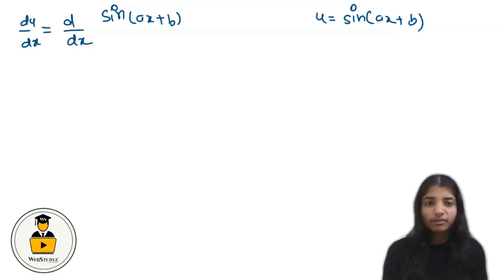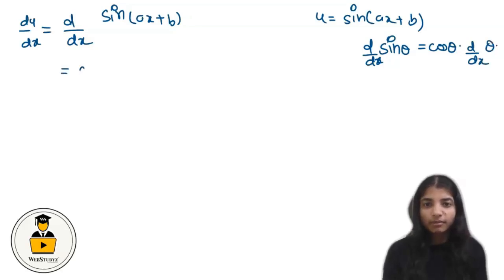We know that d/dx of sin(theta) is equal to cos(theta) multiplied by d/dx of theta. So this becomes cos(ax + b) multiplied by d/dx of (ax + b).